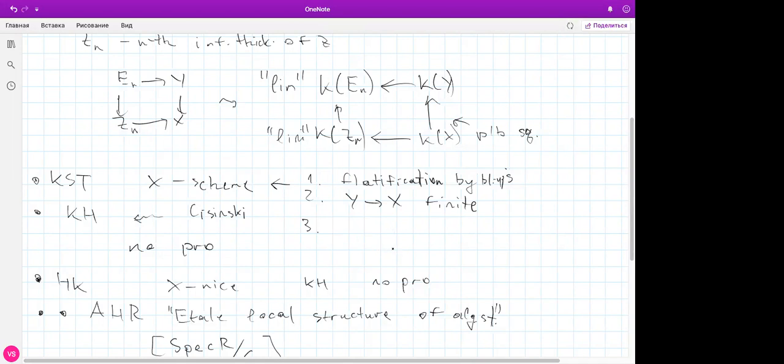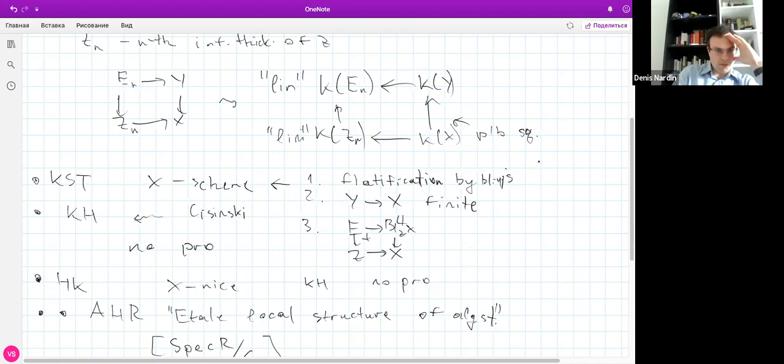So you have a scheme or stack X, you have a closed subscheme Z, and you define what's called the derived blowup. Maybe I don't know what sign I should put. Maybe let me write this, although this probably doesn't make any sense. What's the symbol on top of the blowup?